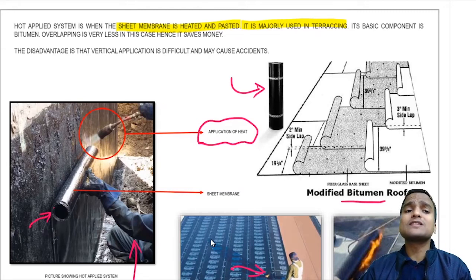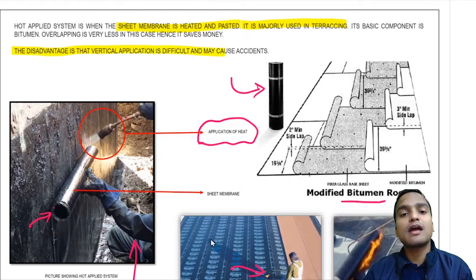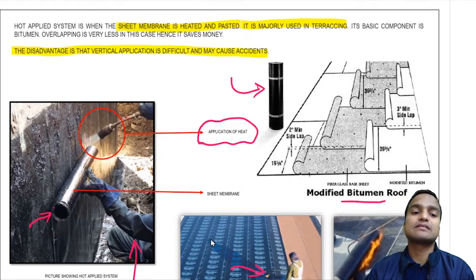Here overlapping is very less, because we are already heating and applying it. It really sticks to the structure. So it saves money also, because we can use the same sheet membrane over a larger area of the floors or the walls. But the disadvantage is that the vertical application is difficult and may cause accidents.